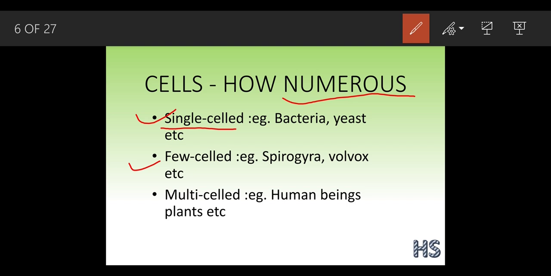We human beings and plants have millions and billions of cells inside our body, so it becomes very difficult to assume. That is why we call them multicellular. Multicellular means human beings, plants, animals, etc.